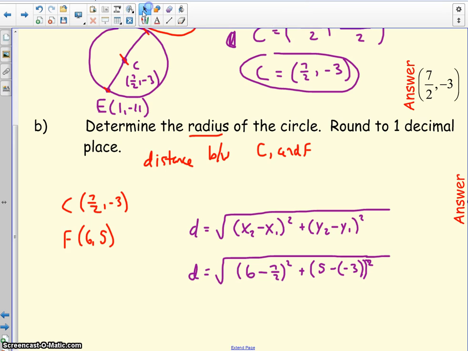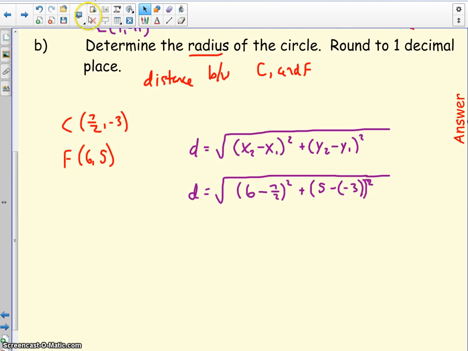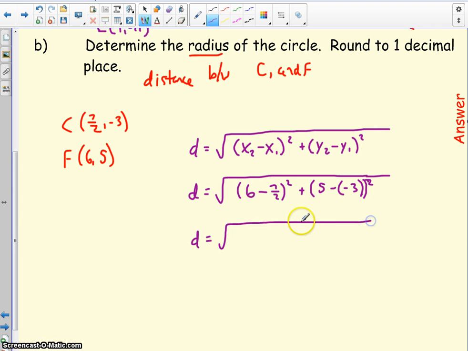Okay, and then from here, it really just is a matter of simplifying as best you can and going through the steps. So work along with me here and try to make sure you get the same thing. So 6 minus 7 over 2 is 5 over 2. 5 minus negative 3 is 8.